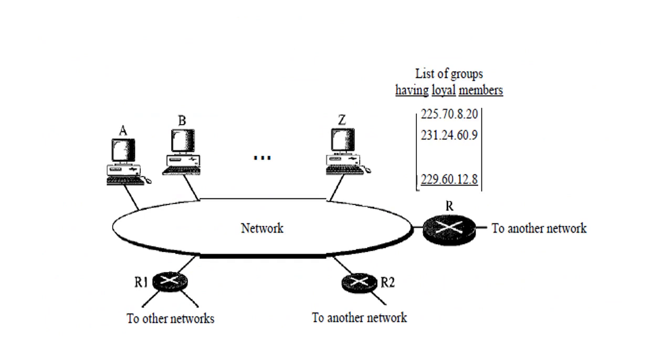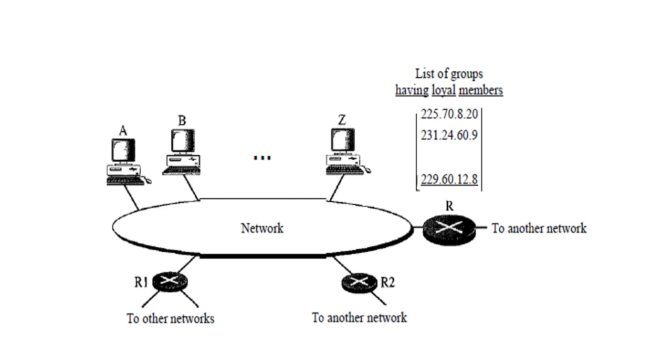For more detail on how the operation is carried out, here there are three routers, R, R1 and R2. These are the three multicast routers, and there are host computers A, B up to Z. As already mentioned, a multicast router contains the list of groups having loyal members, with the IP addresses mentioned.